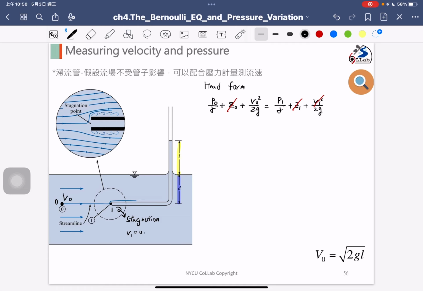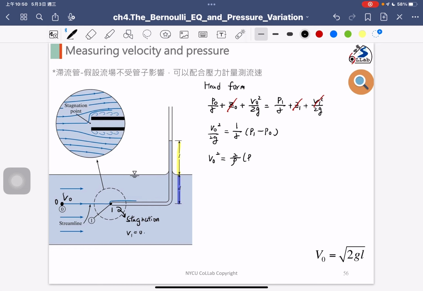So I keep V0 squared and the 2g here, and I move the gamma to the right hand side. So this is P1 minus P0. And V0 squared will equal 2 over rho, times (P1 minus P0), since gamma is rho g.